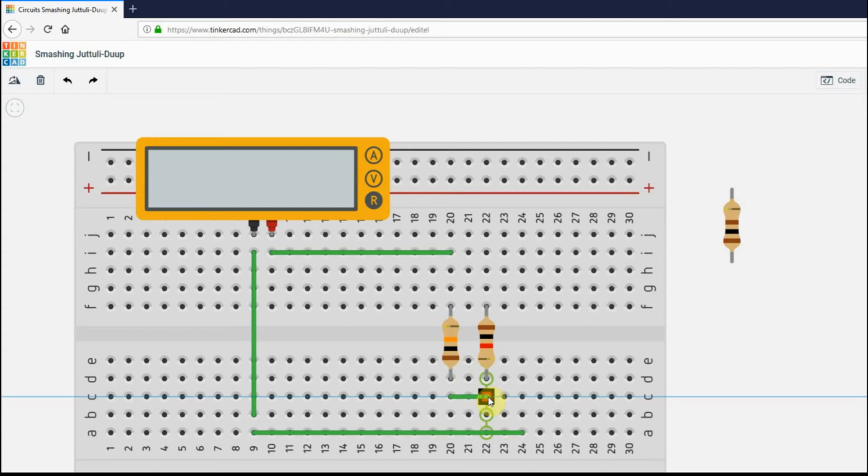Line these together. These together. Now the path goes through here, down, both of these together. So through both of these at the same time. Do you expect to see 11,000 again?